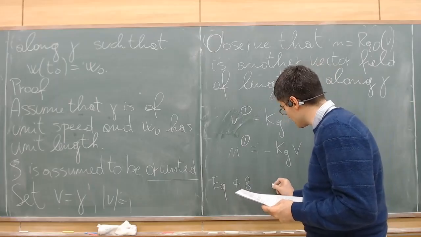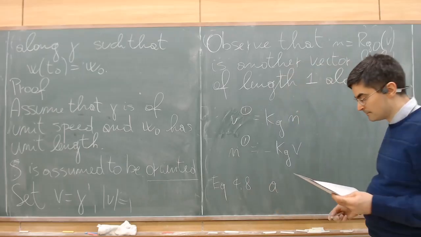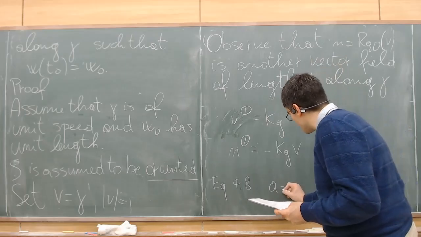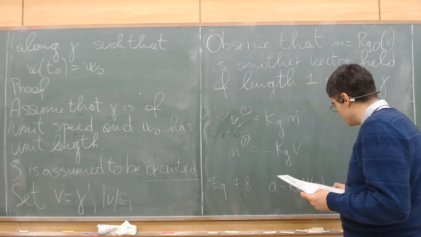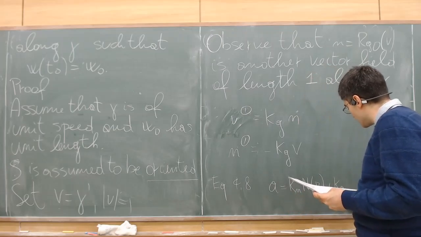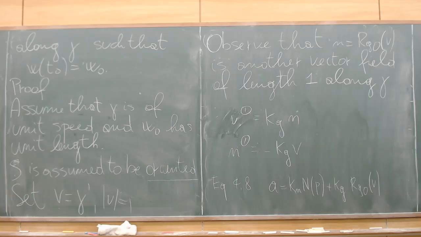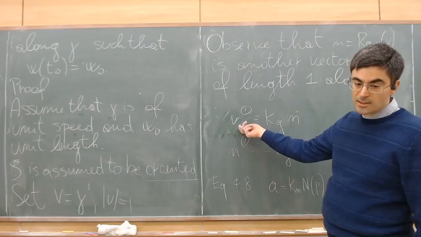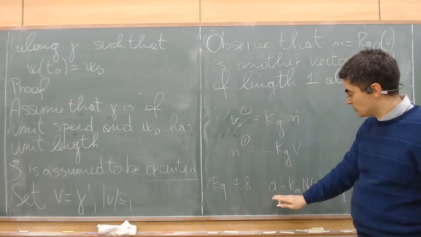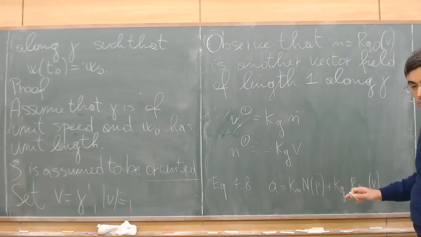This says that the acceleration of a unit speed curve on a surface can be written as Kn times n at p plus Kg times R90 V. It's enough to consider the projection of this equation onto the tangent space.